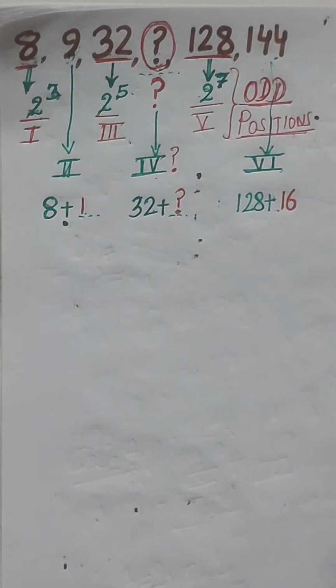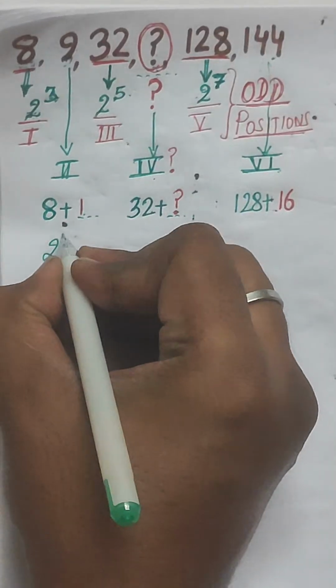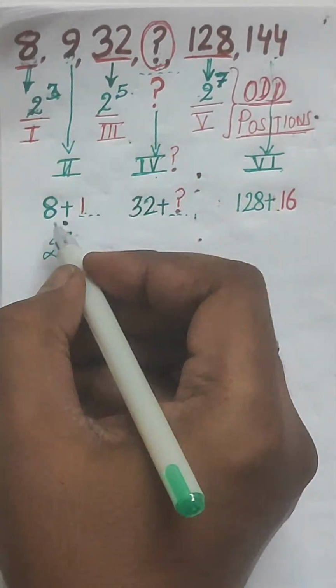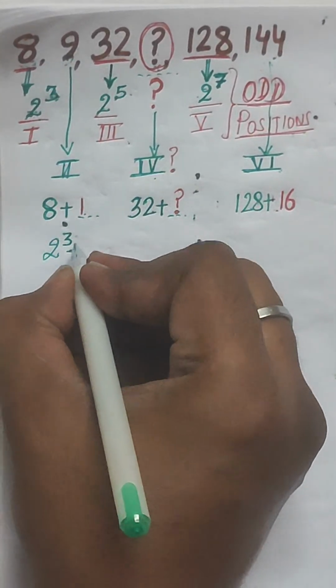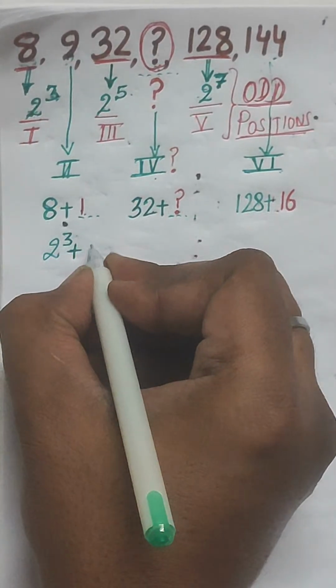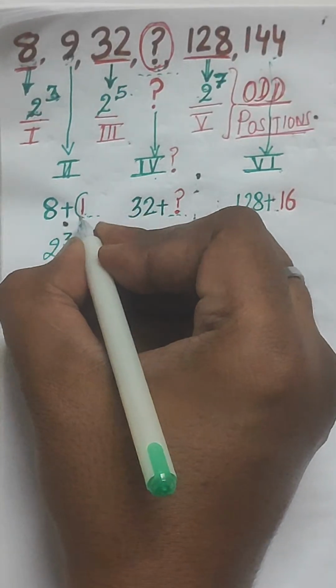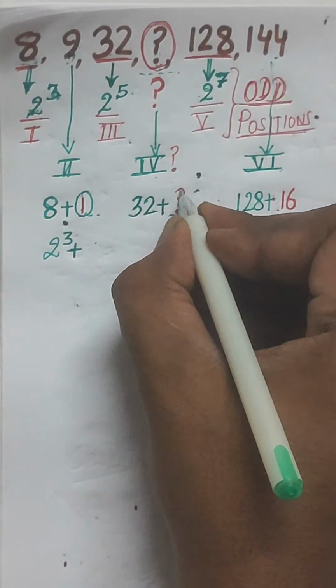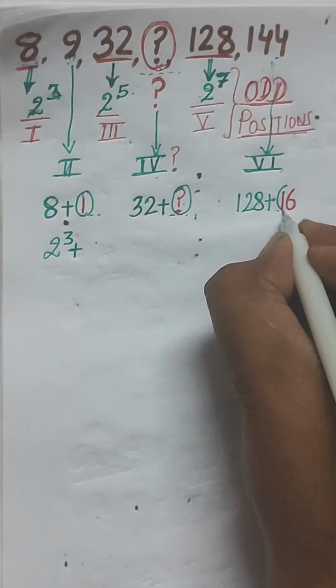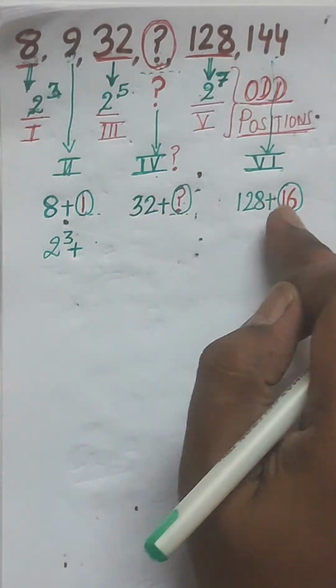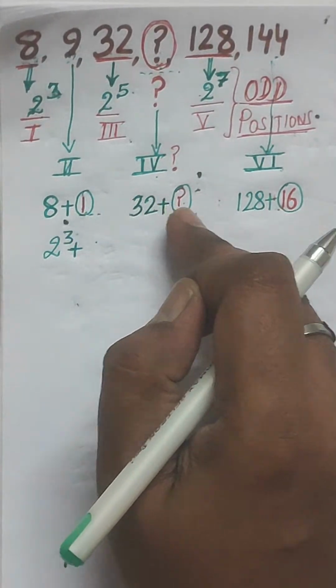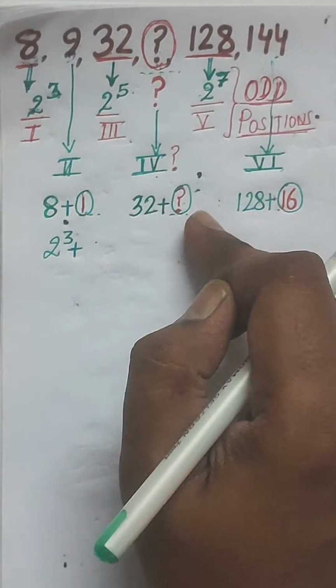So we can write it as 2 power 3, the first term, as usual. I'm just repeating the same, plus 1. 1 can be written as, let's say, here also you can identify this 1 and this question mark and this 16. These are also following some relations, 1, question mark and 16.